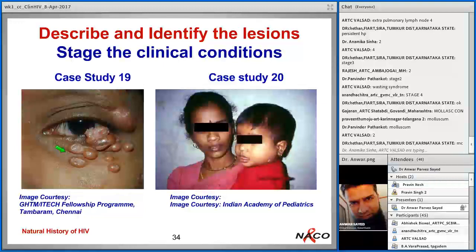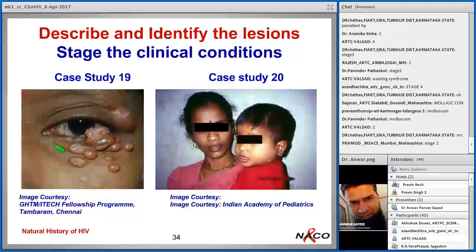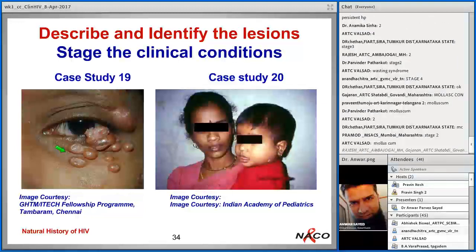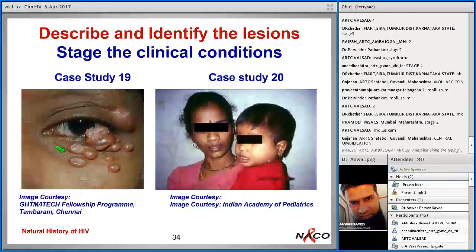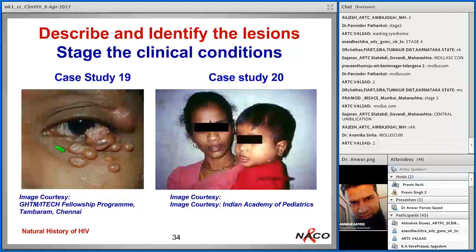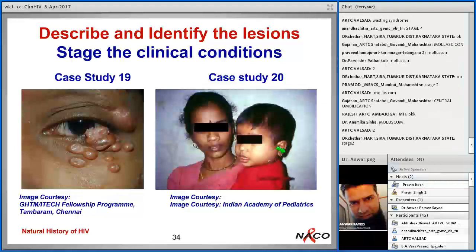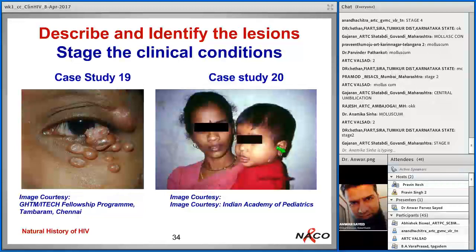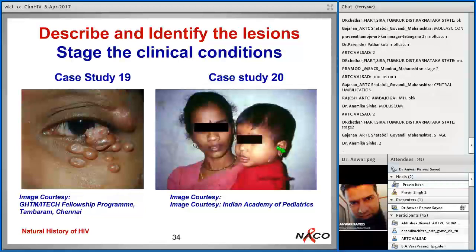But if you consider it as wasting syndrome, it will obviously go under stage 4. So whichever stage is higher, we will put the patient in the higher stage. This can be one learning from this slide. If a person is having stage 2 because of hepatomegaly, but also wasting syndrome, which is stage 4, then you need not write stage 2 and 4. You will write only stage 4. Now, what is this?